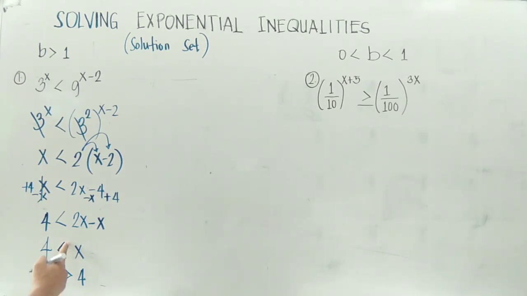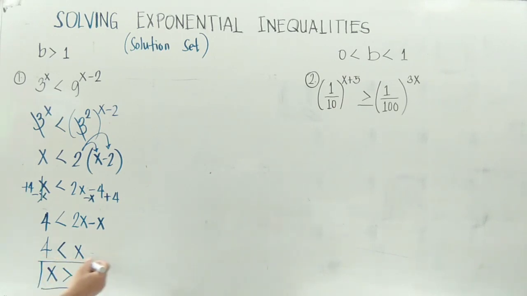Just follow the opening and where your inequality symbol points. So it opens on x and points on 4. So if we will try to rewrite it, where x comes first, so x, then the opening is still on your x and it points on 4.